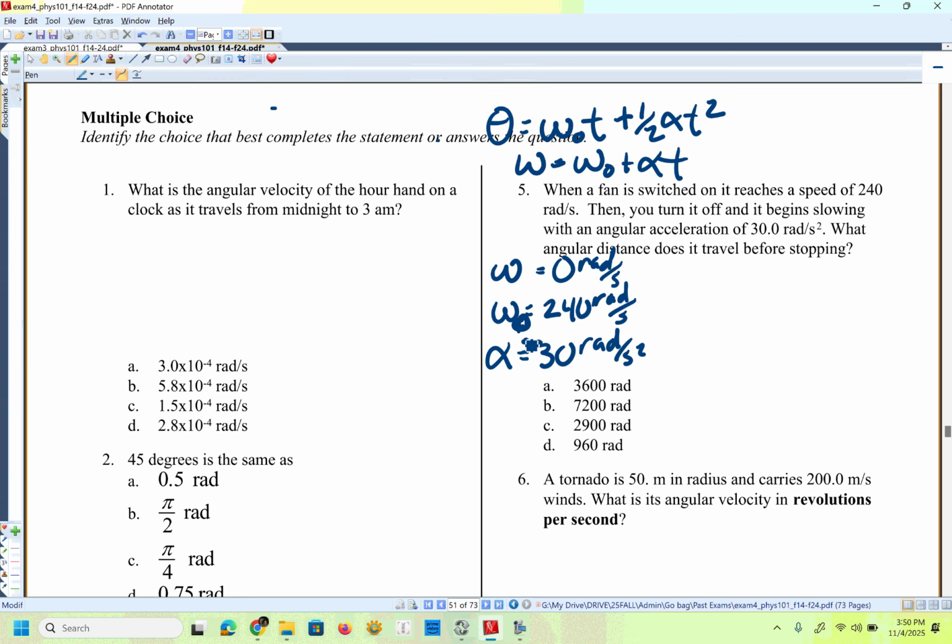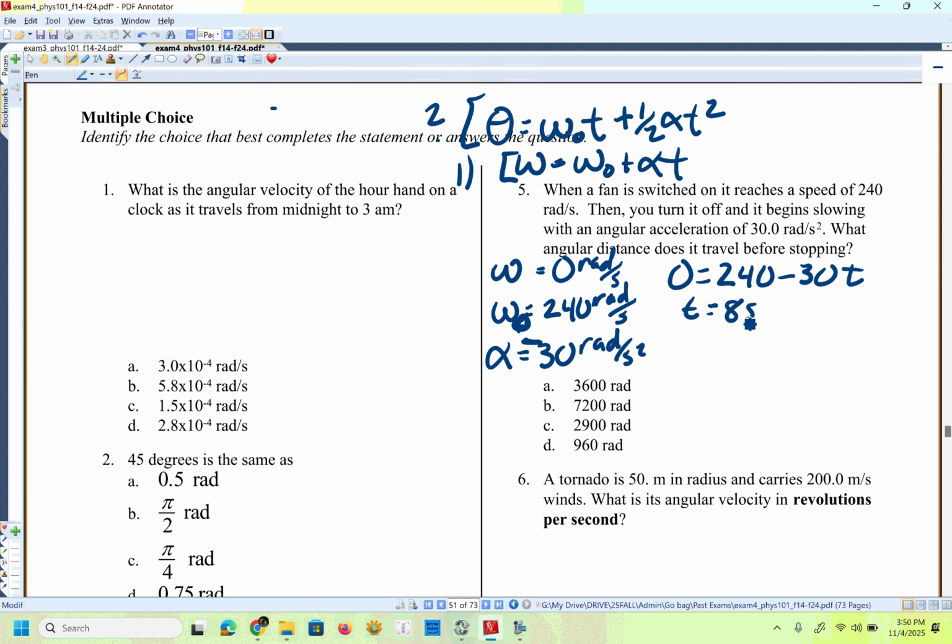And now I want to know the angular distance. Now look, I know omega naught and alpha, so I can find t, and I need t in order to find theta. So this is a 2-step problem. First, I have to find t, and then second, I can find the angular distance, theta. So first I'm going to say omega, that's 0, equals 240 minus 30 times t, so t is equal to 8 seconds.